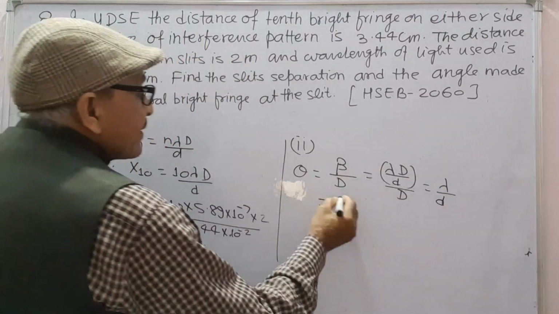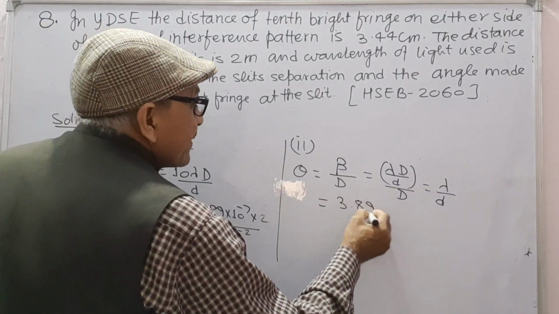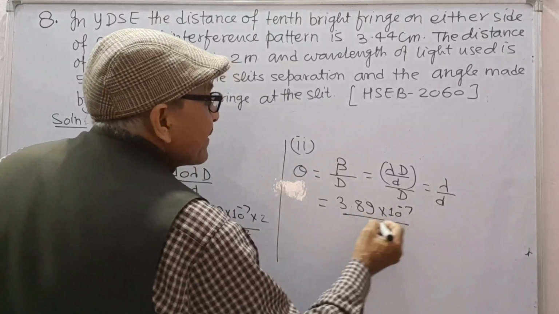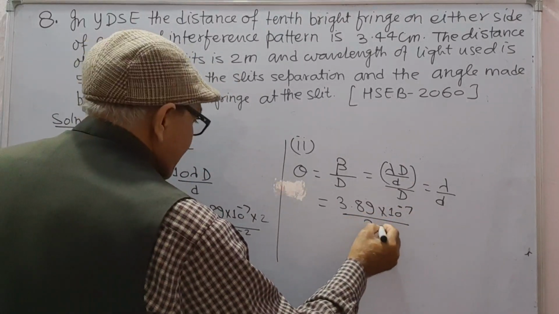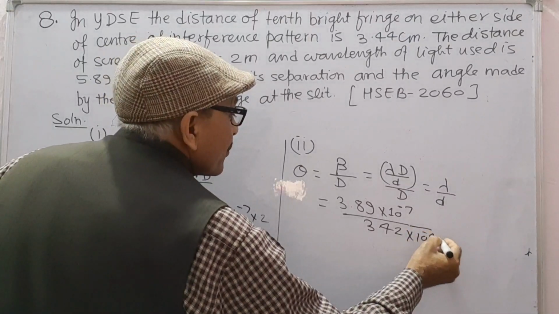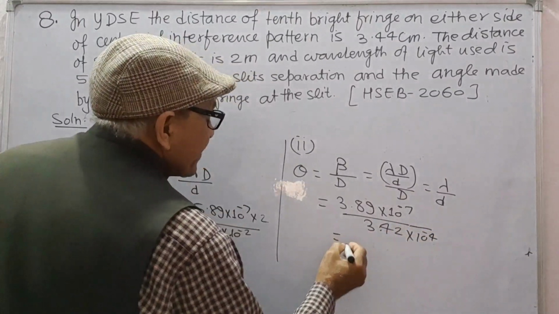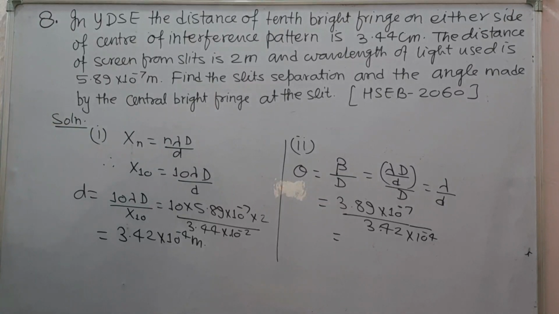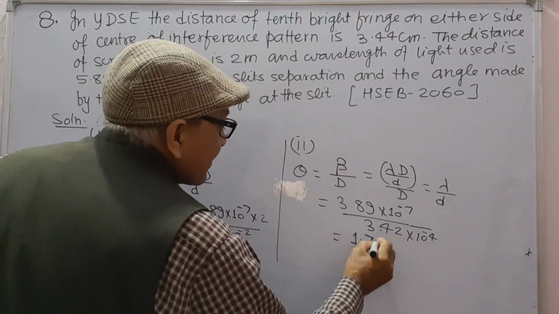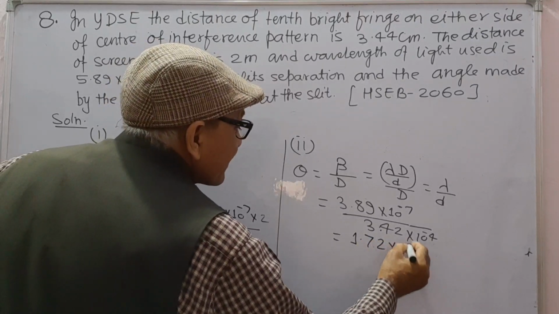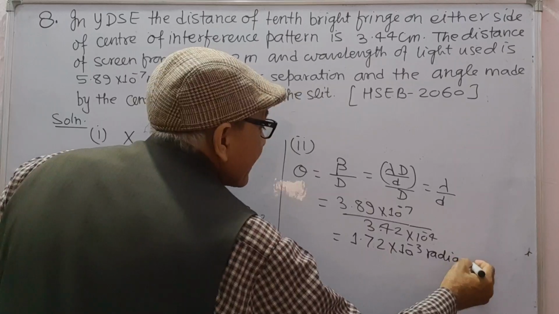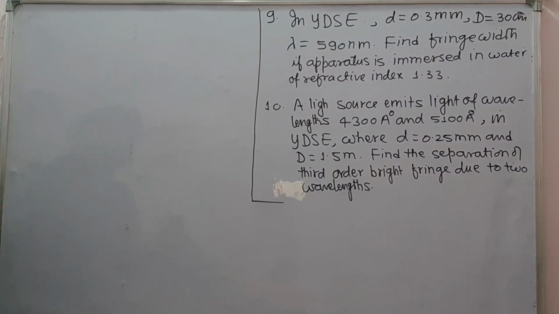Lambda is 5.89 into 10 to minus 7 upon d is 3.42 into 10 to minus 4, which gives 1.72 into 10 to minus 3 radian.